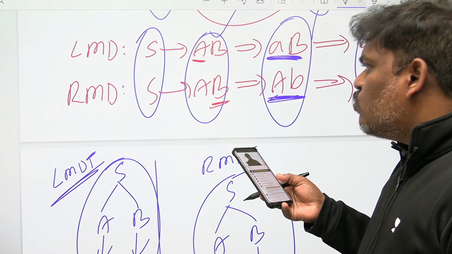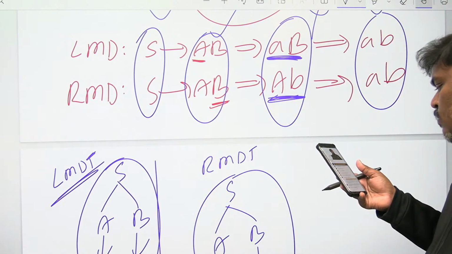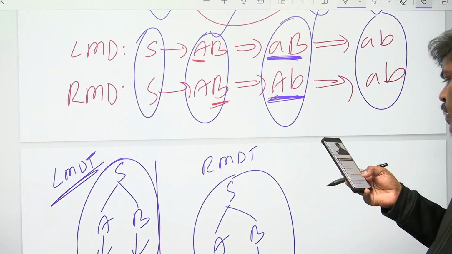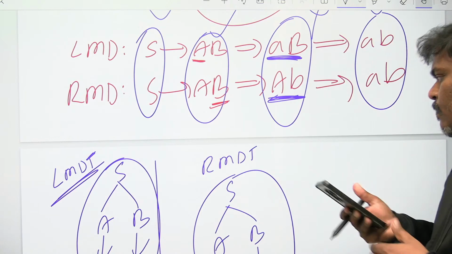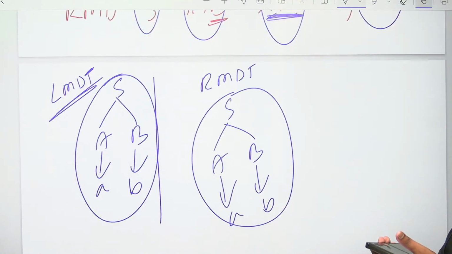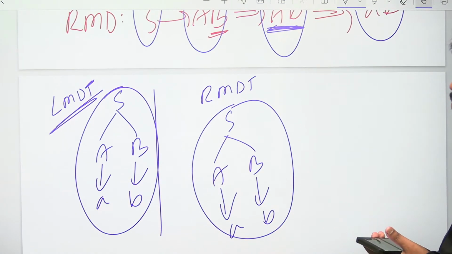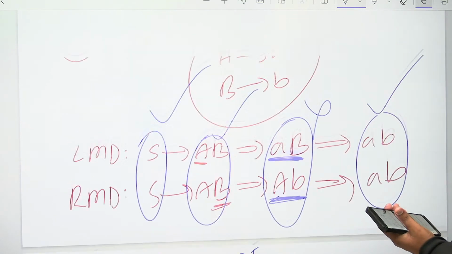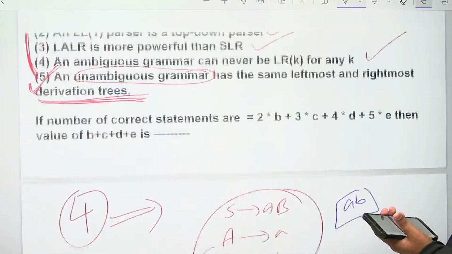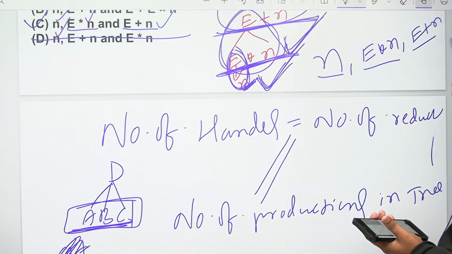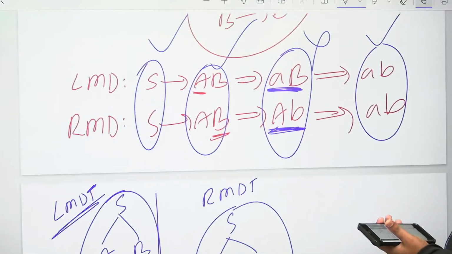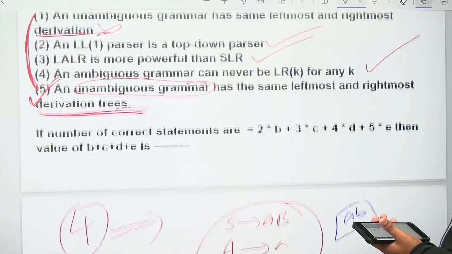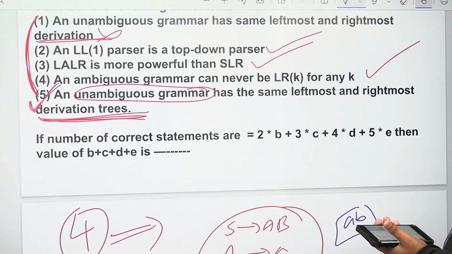So except the first one, the remaining are all true. The leftmost derivation tree and rightmost derivation tree are the same because the grammar is unambiguous, but the derivations need not be the same. Very few people know this fact, so remember this problem.